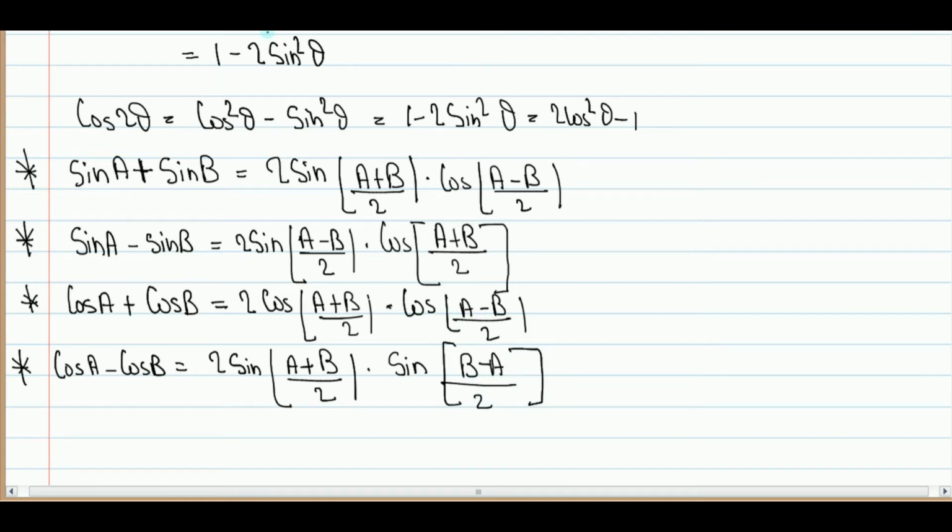So just have a close look here. On the left hand side of the equation was cos a minus cos b, and on the right hand side you can see the angle is b minus a, not a minus b. So just try to remember these things. This is a very vital thing. Don't mix up cos a minus b, sin a minus b for the cos a minus cos b formula.